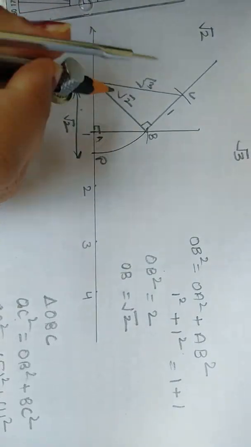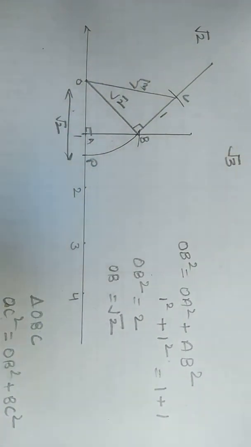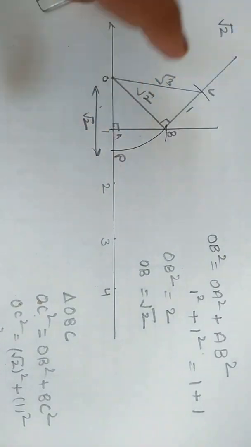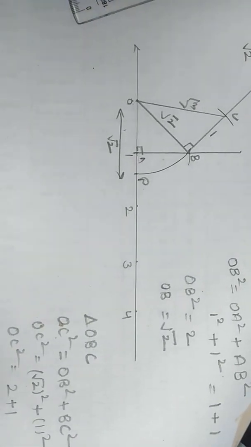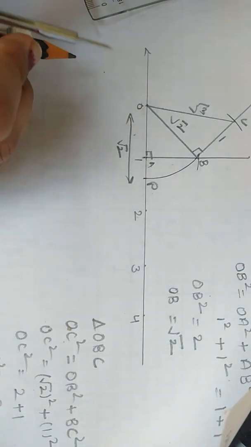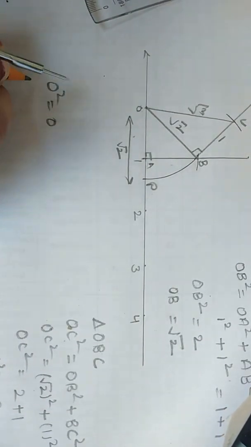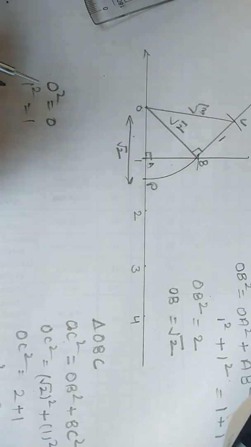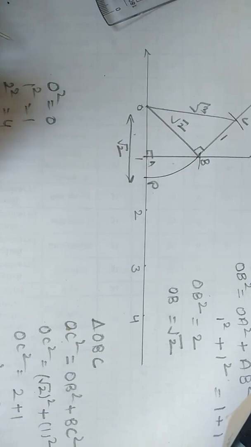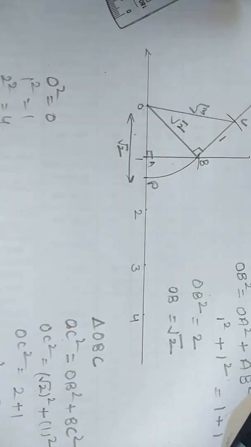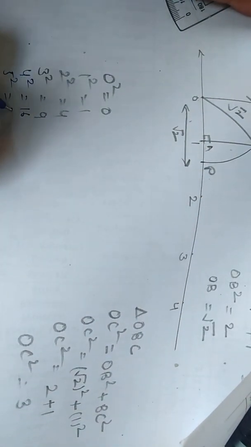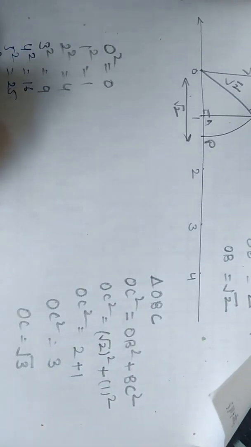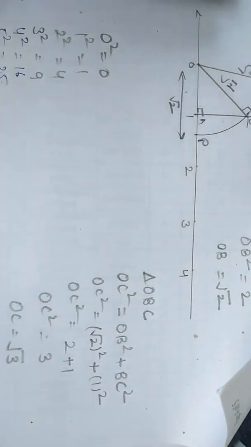We can again find the value of root 4, root 5, root 6, but this is the longest process, so we are not going to do it like this. We use the perfect squares. You are already aware of the perfect square numbers, like 0 is the perfect square of 0, 1 square equals 1, 2 square equals 4, 3 square equals 9, 4 square is equal to 16, 5 square equals 25, 6 square is equal to 36, 7 square equals 49, and so on.